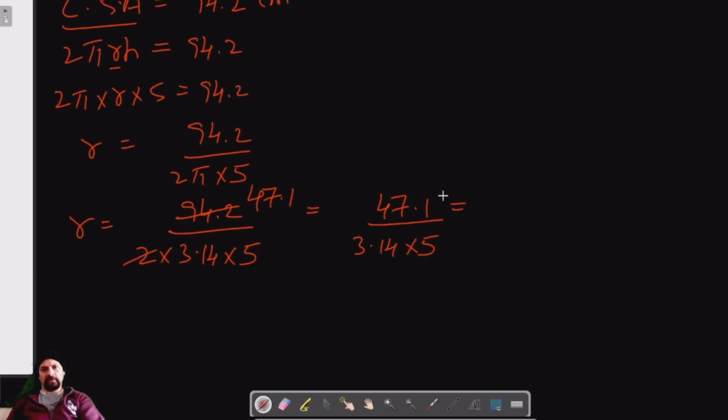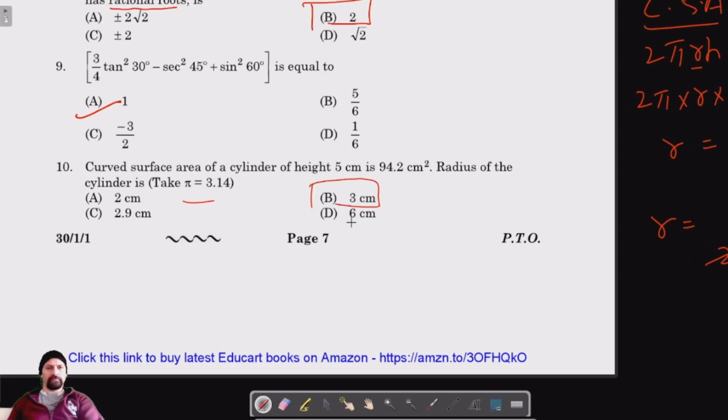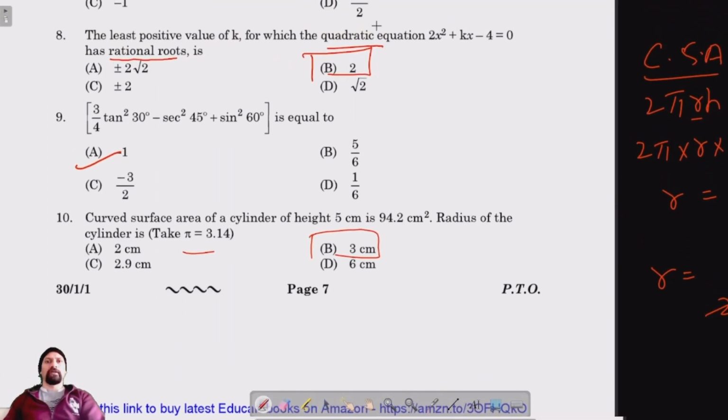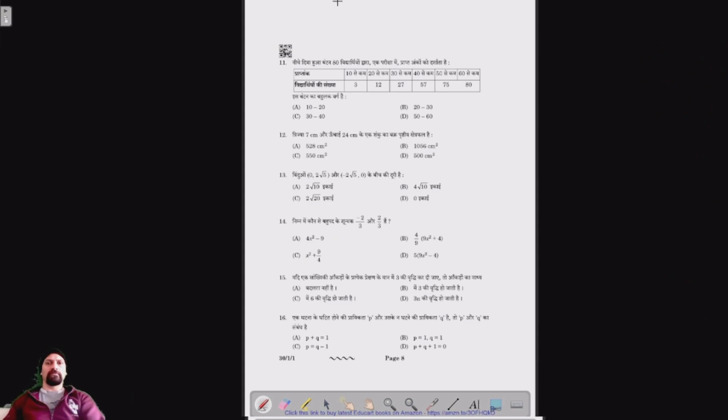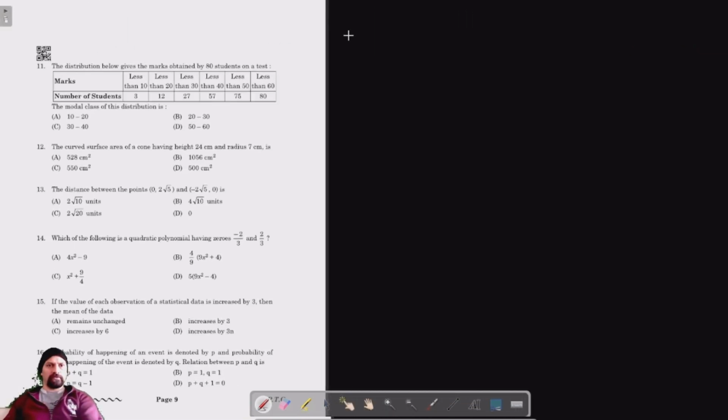If I multiply them with 100, this is 4710 and this is 314 into 5. So this gets cancelled, and it's 15, and it's 5, that is 15. So this is 3. So our option is option 3. Now let's move on to the next page and try to solve these questions.